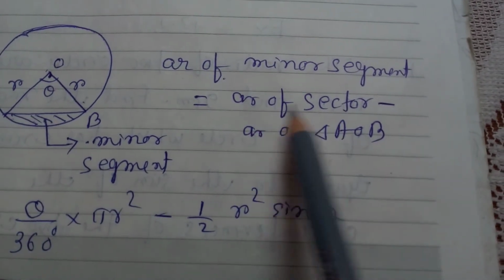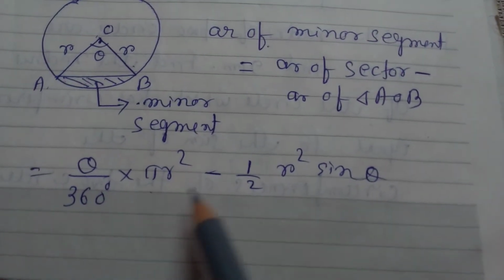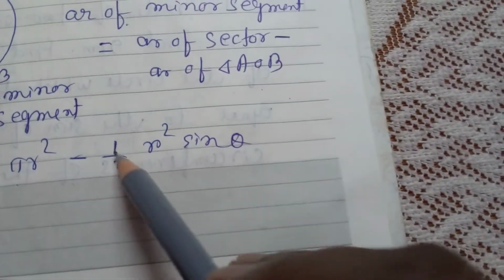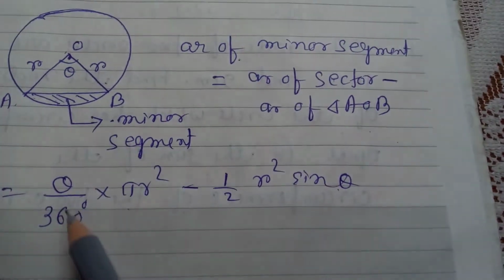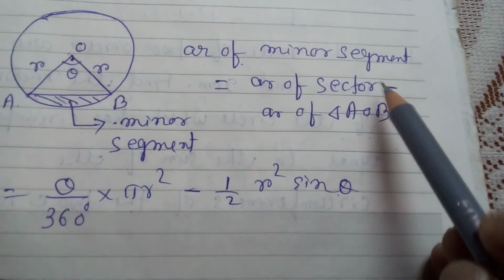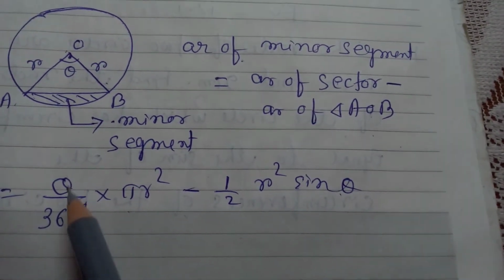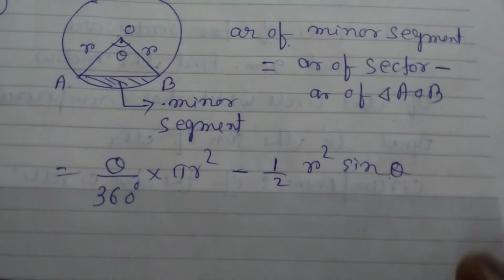You know the area of the sector is theta by 360 into pi r square, minus the area of the triangle, which I have written here as half r square sin theta. So the formula is theta by 360 into pi r square minus half r square sin theta.